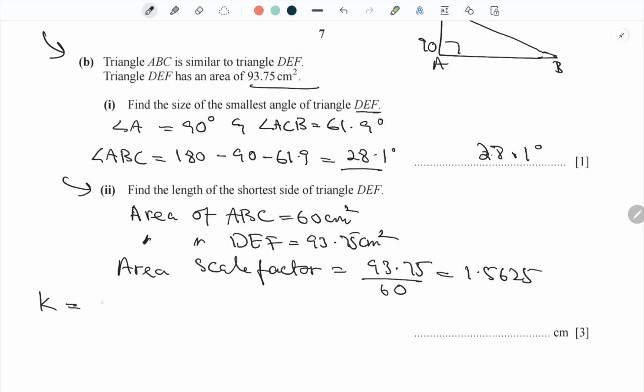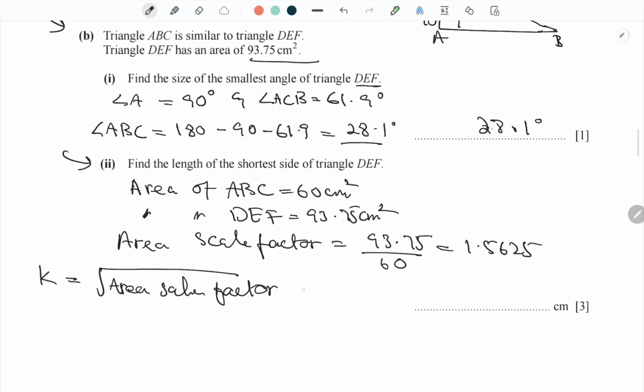Now we calculate the linear scale factor, denoted by K. K equals the square root of the area scale factor, 1.5625. Once we calculate it, we get 1.25.